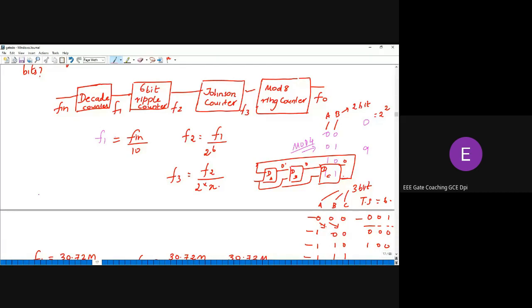F3 is nothing but F2 divided by 2 into X. X is nothing but the number of bits. Now, F0. What is F0? F0 is equal to F3 divided by the total number of states.